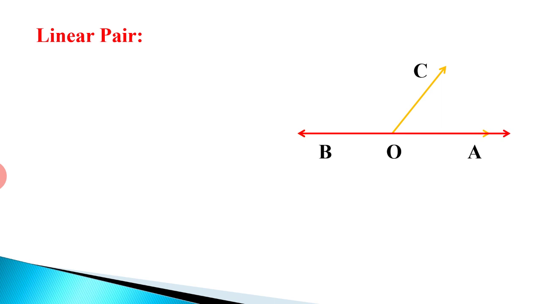Those adjacent angles are forming a linear pair. So what is required? Two adjacent angles and their non-common arms should form a line. Then you get a linear pair. So a linear pair is a pair of adjacent angles, and the non-common arms are forming a line.